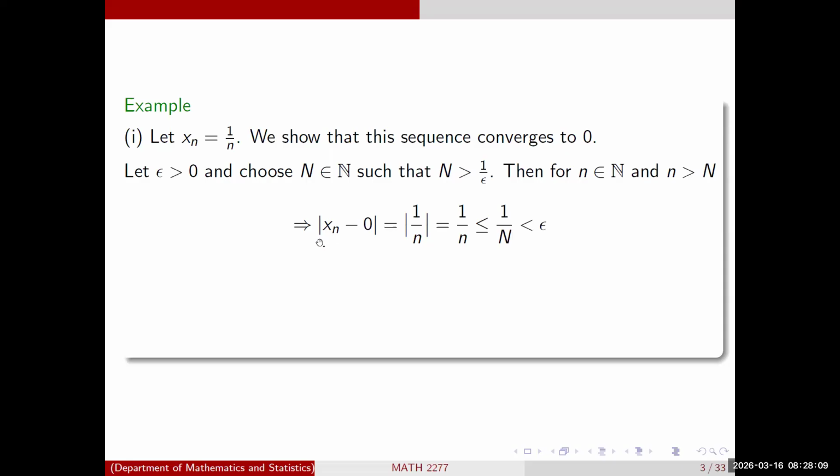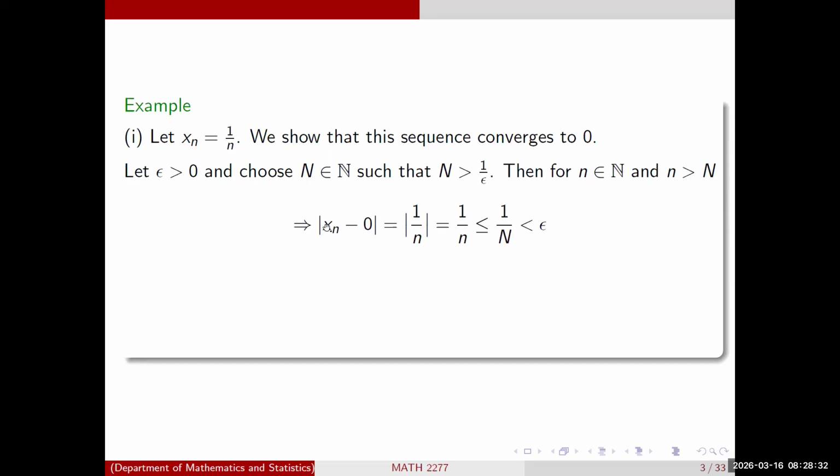I need to show that the distance, the modulus between these terms xn and the limit, in this case 0, is less than some fixed value. That fixed value I will call epsilon. So the distance between xn and 0.